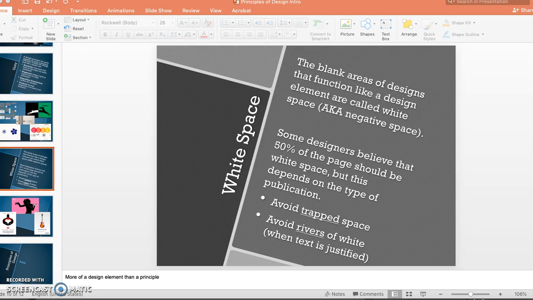One of the principles of design is what we call white space, which is the blank areas of design that function like an element. It is also called negative space. So it could be white space or negative space as well. And of course, there are some rules that designers use to work with the white space.